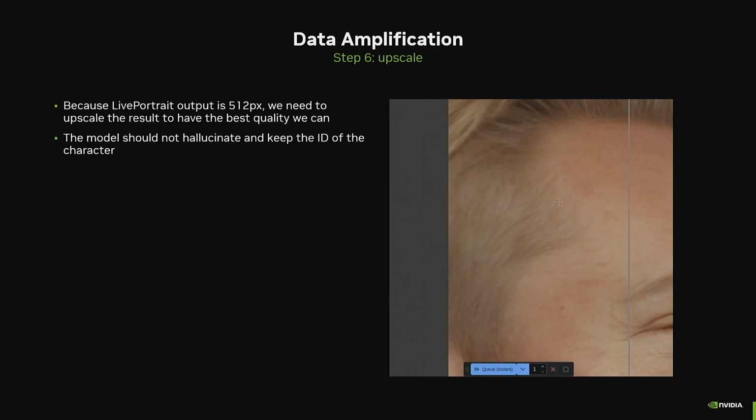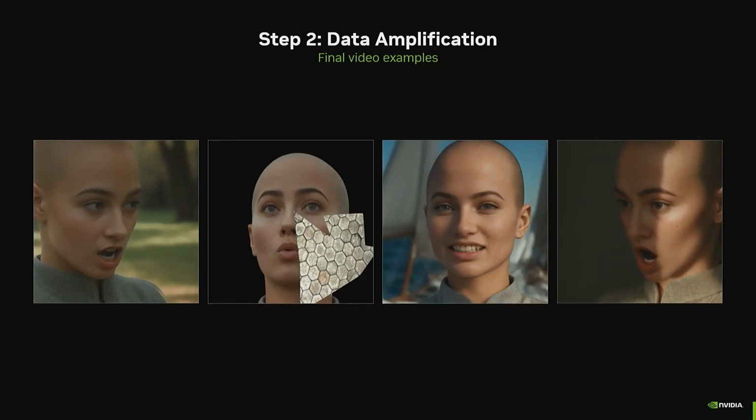So we have a whole dataset with 45,000 images with different facial expressions, different lighting, different animation, and 2K resolution. So here are some examples of what we have. Keep in mind that, like I said, we started with just 15 images, and we have this type of result here.